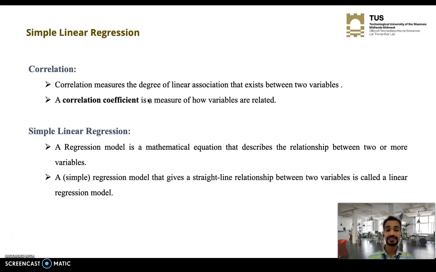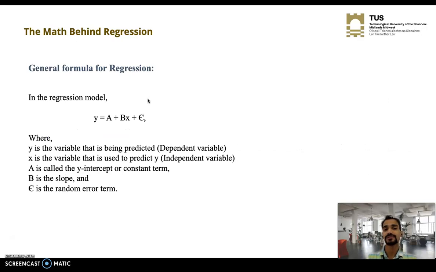Now we can define simple linear regression as a mathematical equation that describes the relationship between the two variables. So if we define the regression model as a mathematical equation, what is the formula behind that regression? It is defined as y is equal to a plus bx, where y is the variable that is being predicted, called the dependent variable. Why is it a dependent variable?